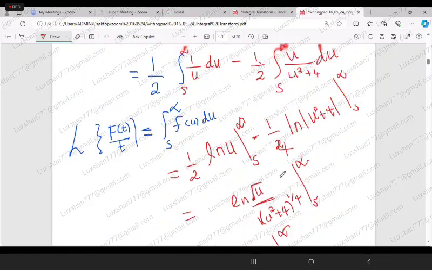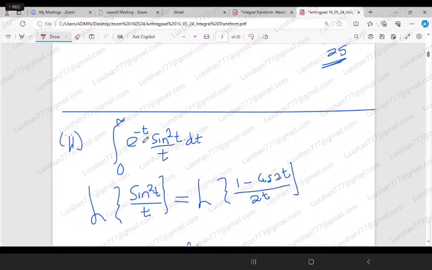But now if you look at your integration, actually the value of s is what? Can anyone tell me the value of s here? 1. Yeah, 1.